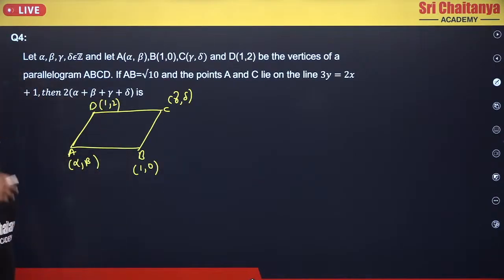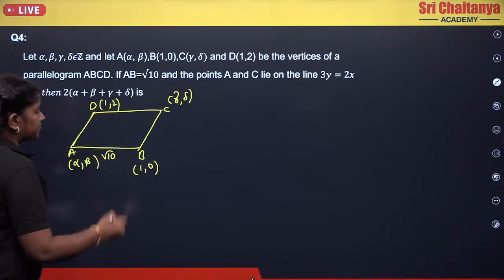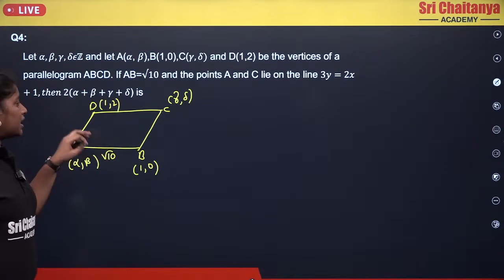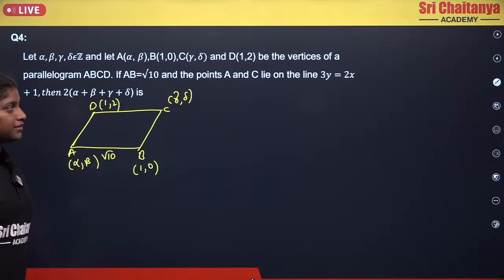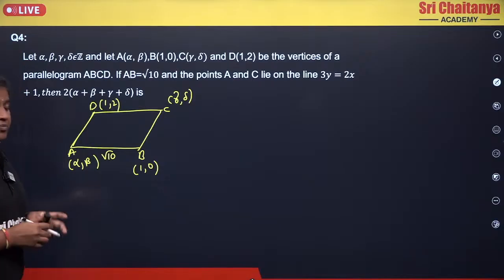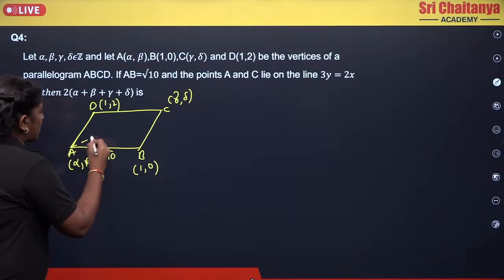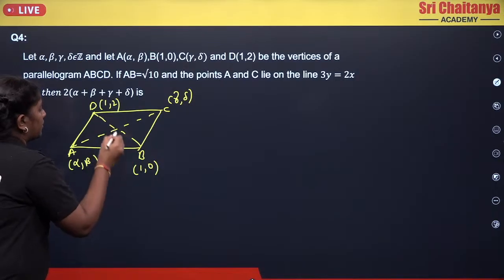Now if you observe clearly, they gave that AB is root 10, and they gave that A and C lie on the line 3y equals 2x plus 1. Now, if I take the diagonals, I am taking my diagonal AC and my diagonal BD.